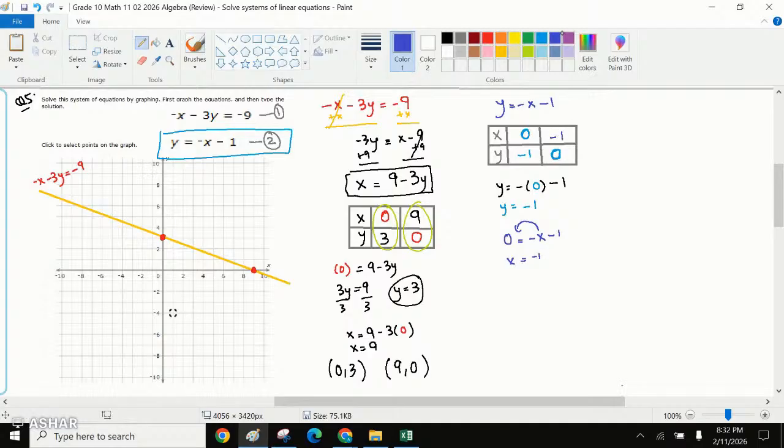Okay. So once we try to plot these points, the points are 0, negative 1 and negative 1, 0 over here. So these were the two points that we had. Once we try to join these points together, we can join them together and we will find the answer.